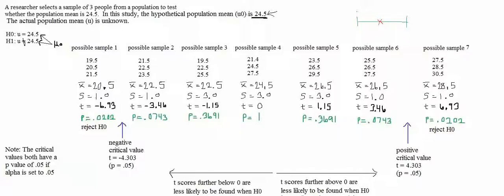So let's look at a situation in which the actual population mean, which is the red X, is actually equal to a hypothetical number that I'm working with, at 24.5. What we can do is set the red X to 24.5.